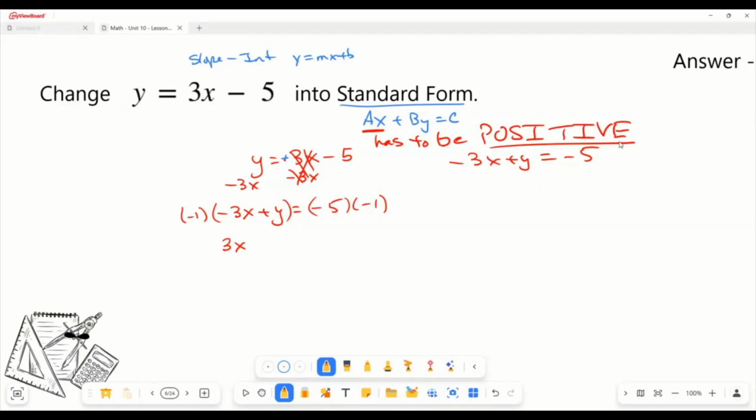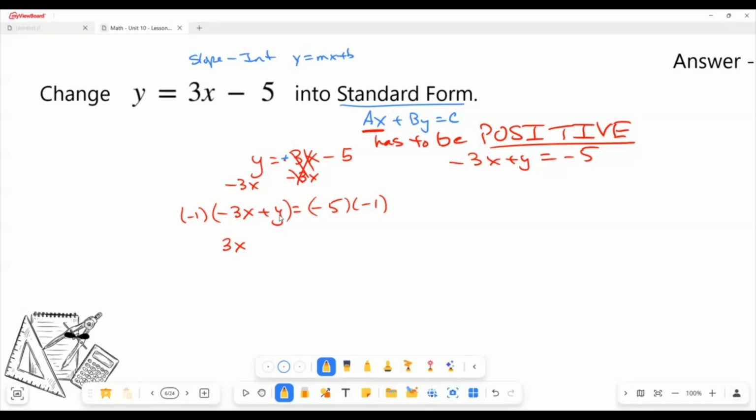But the x has to be positive. And the only way to take a -3x and make it positive is to either divide by a -1 or multiply by a -1. It doesn't really matter which one you do. Multiplying is typically a little bit easier. So that's why we're multiplying by the -1, to force the 3x to become positive.